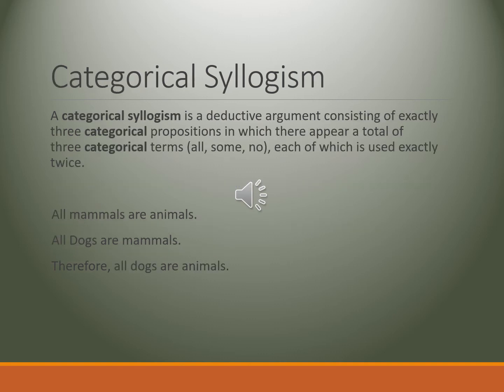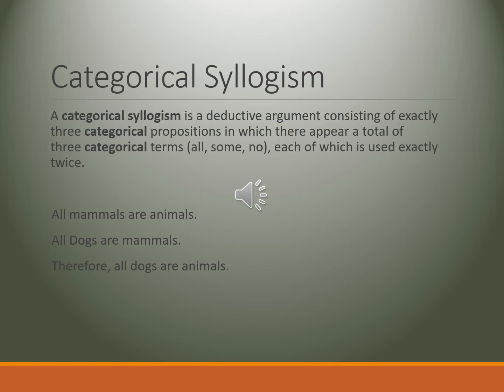The last category of syllogistic arguments that we're going to look at briefly are the categorical syllogisms. This is an enormous area in classical logic. And the evaluation of categorical syllogisms can get very, very complicated, but the basic idea is pretty straightforward.